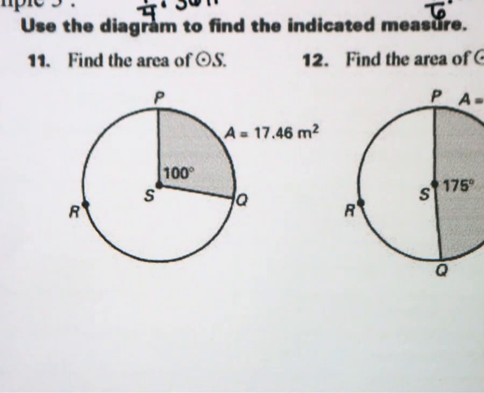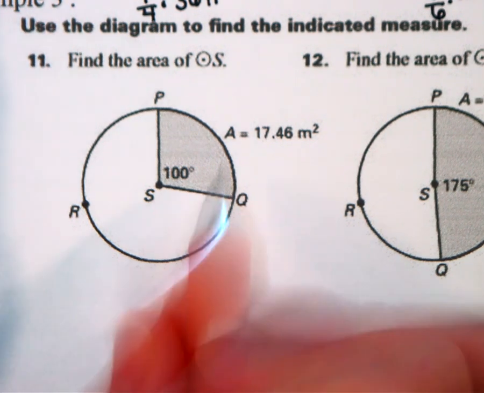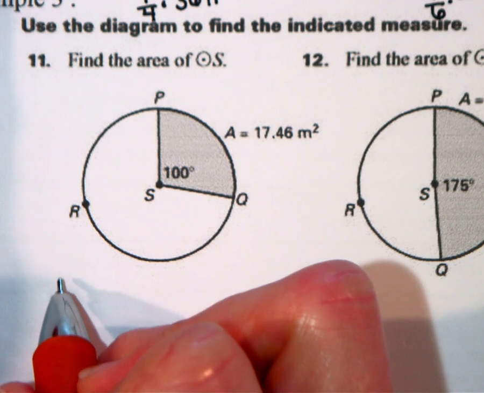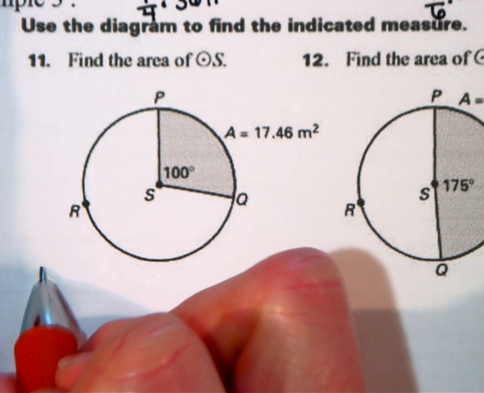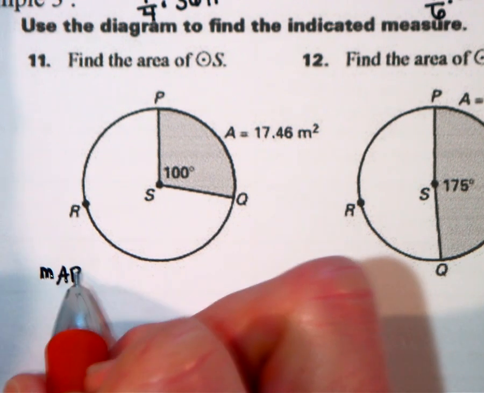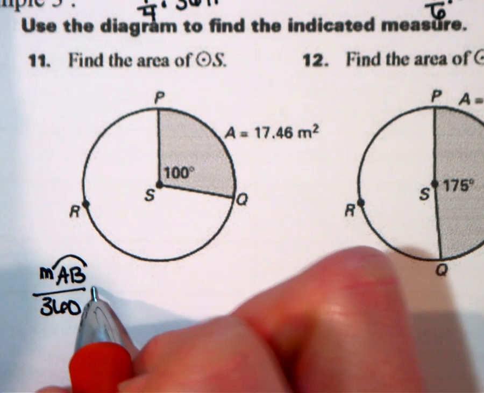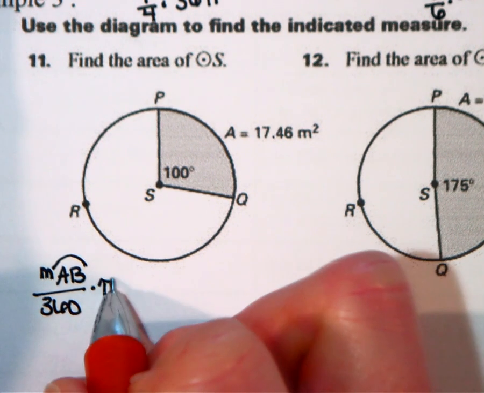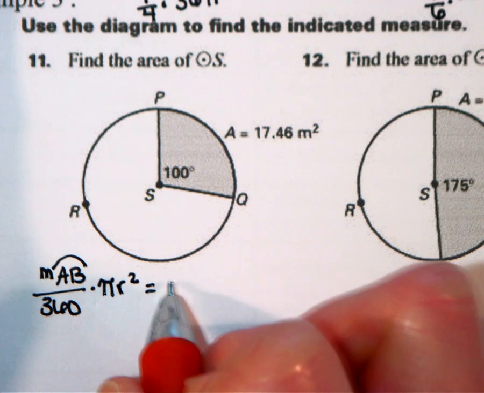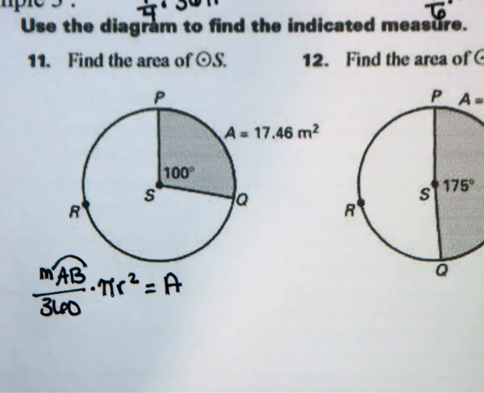Okay, so here's what we're going to do. I'm going to start with the formula. So the area of this sector is the measure of the arc over 360 times pi r squared equals the area of that shaded part.